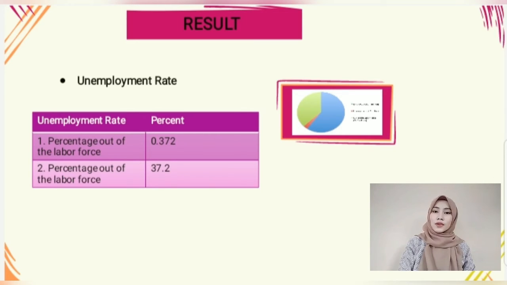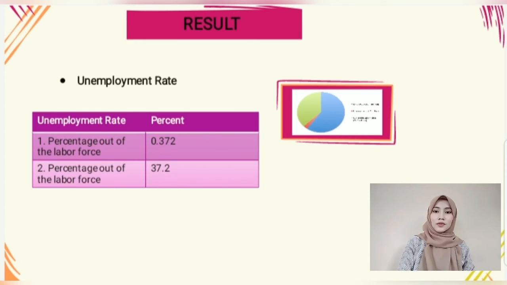So, the first is about the unemployment rate. Here, we can see the table that discusses the unemployment rate, which has been calculated by dividing the total unemployment by the number of people in the workforce.